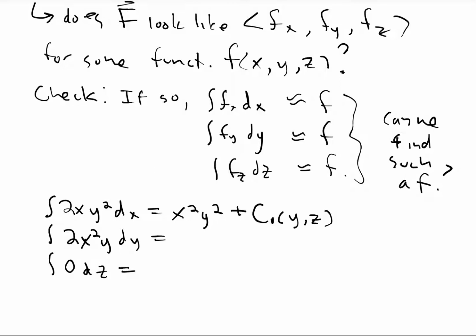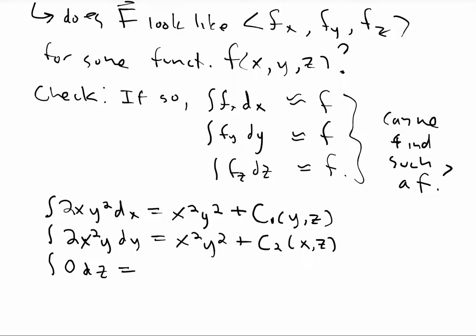Similar deal over here. If I antiderive with respect to y, this is going to look like x squared y squared, and this time I will get some sort of a constant function that is in terms of probably x and z. Over here for this last guy, usually we don't take an antiderivative of 0, but let's think about this.